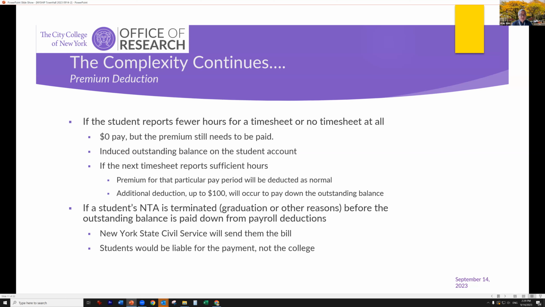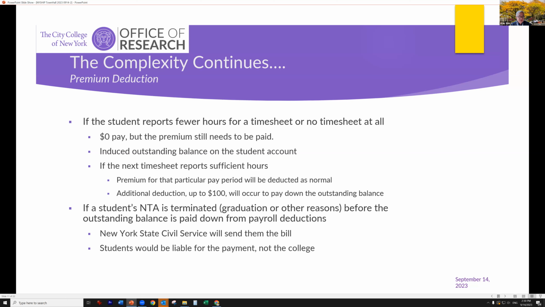So again, timely and accurate timesheets are very, very important. If the student is to be terminated from their non-teaching adjunct appointment, that termination needs to be explicit. There is a form that you need to fill out to submit to HR.